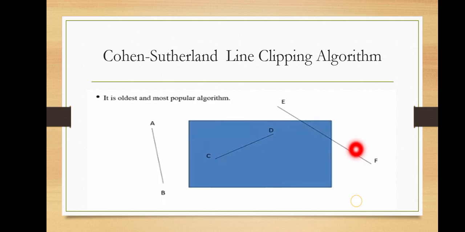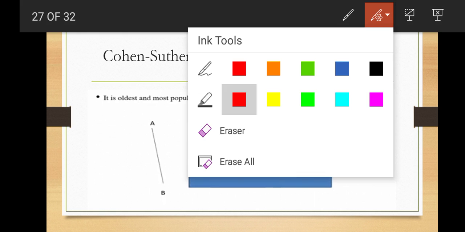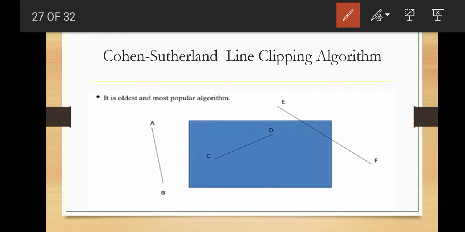Another case is that the line is clipped somewhere by the window. These three cases, along with the steps, will be discussed in the Cohen Sutherland line clipping algorithm. In this algorithm, we have to find region codes for each endpoint of the line. Here you can compare with line AB.